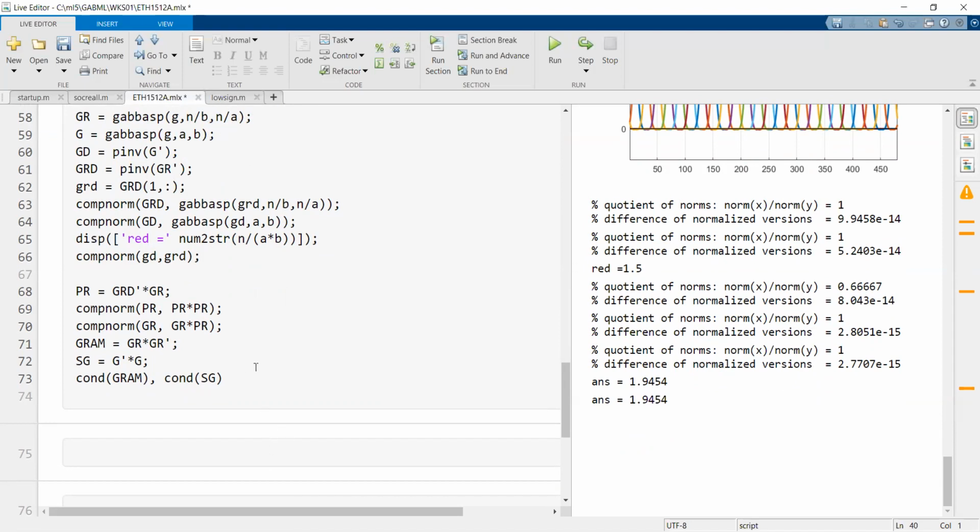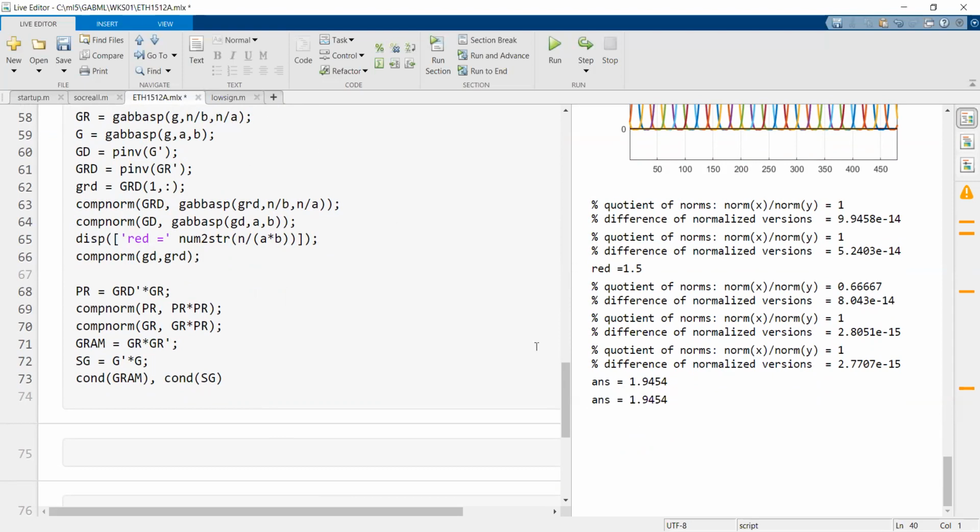In short, you can look at this later on, it's the following situation. The Gabor family is generating the family, and you have a condition number of 194 for the Gabor frame operator. This other family is a family of only 2/3 of 480, so it has fewer elements, but it's linearly independent.